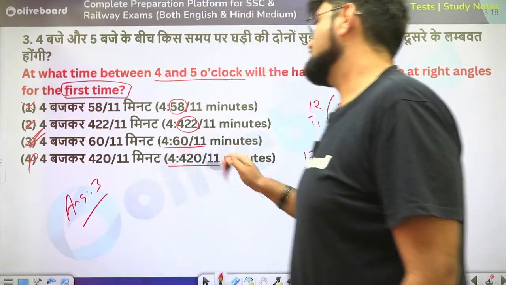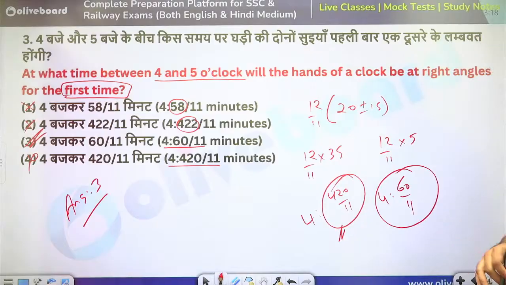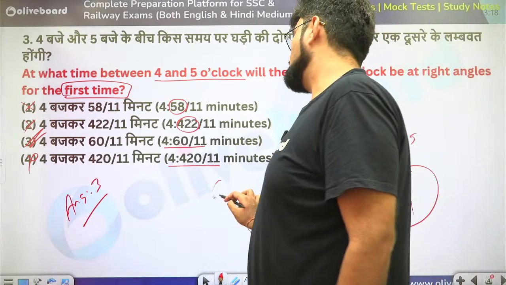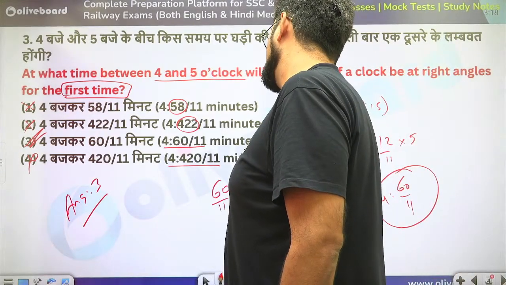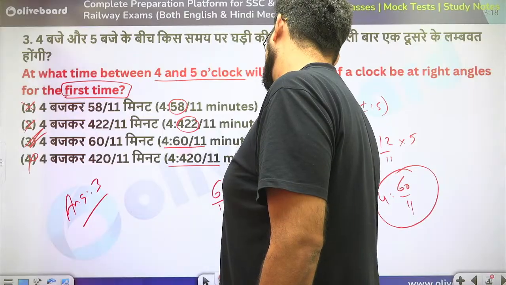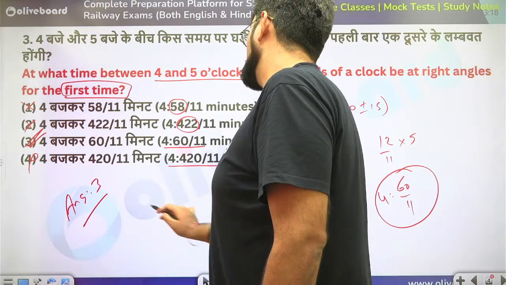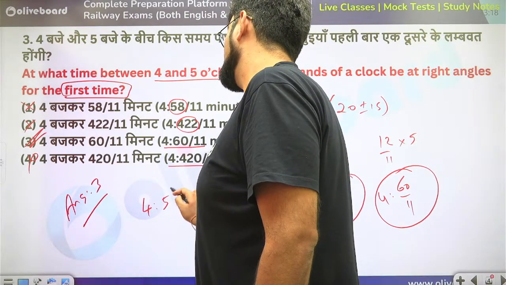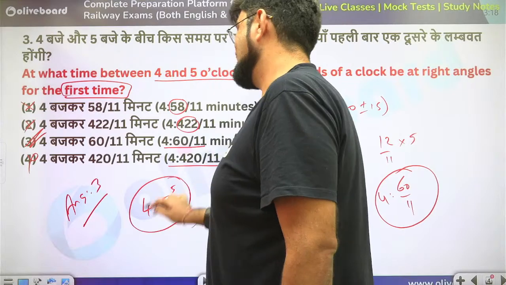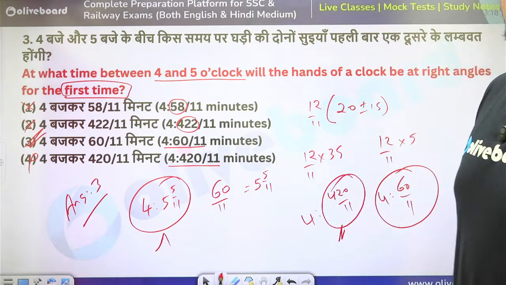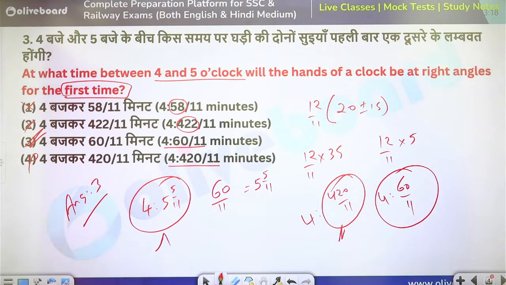That is 460 by 11 minutes. If you want, you can solve this completely to get your correct answer. So 60 by 11 is, this is 5 by 11. So this is 4, 5 by 11. This is my answer. Okay. This is for the first time when between 4 and 5 the hands of a clock will be at right angles to each other. Next.